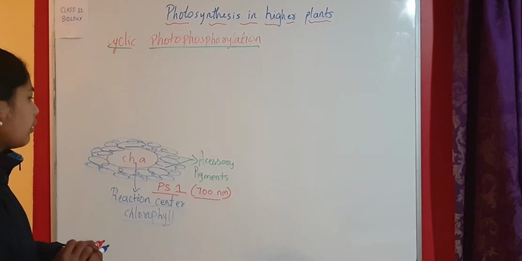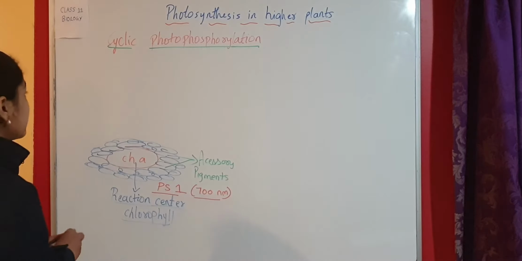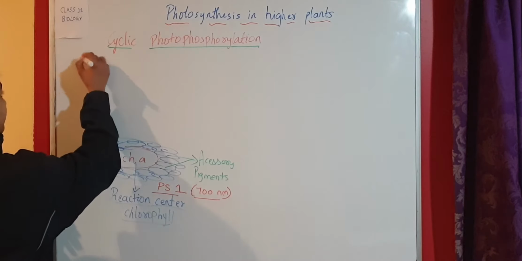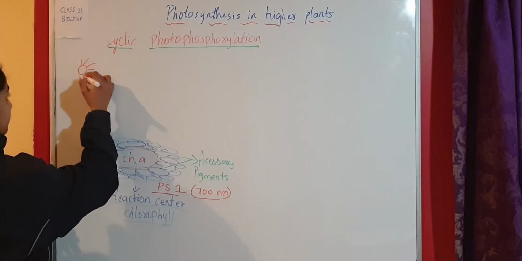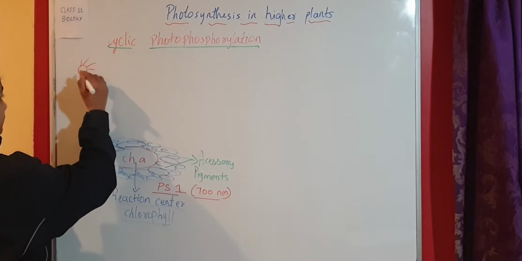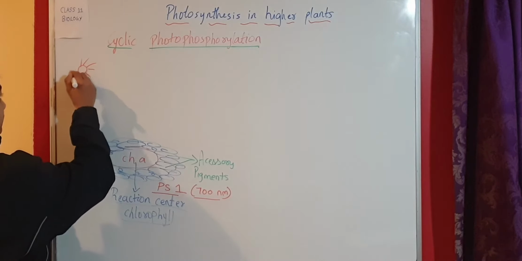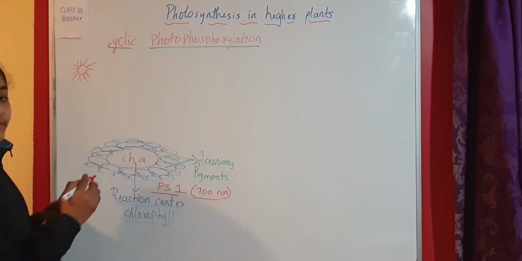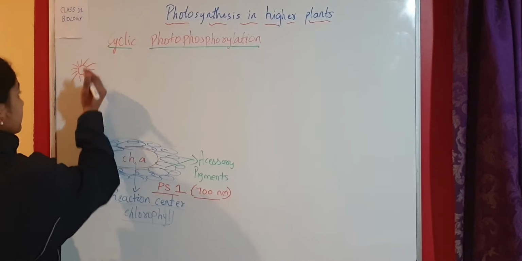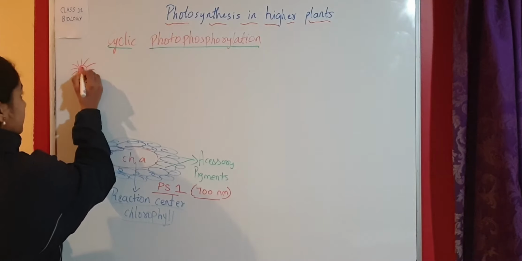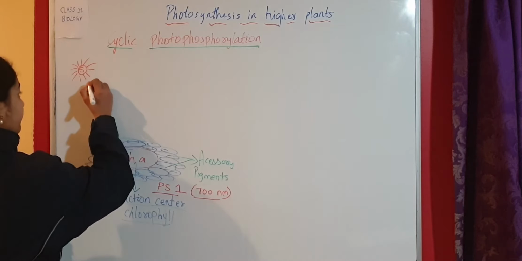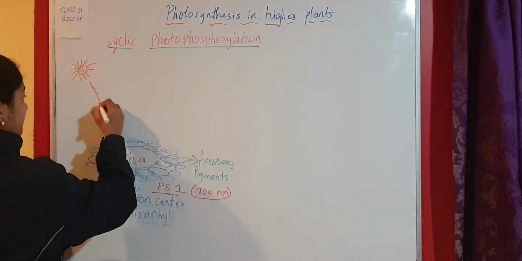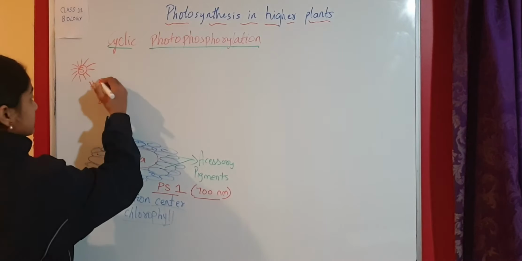So what happens now? Here we have the sunlight. This is the sun, so S, and from the sun there are these wavelengths which are falling on the photosystems.